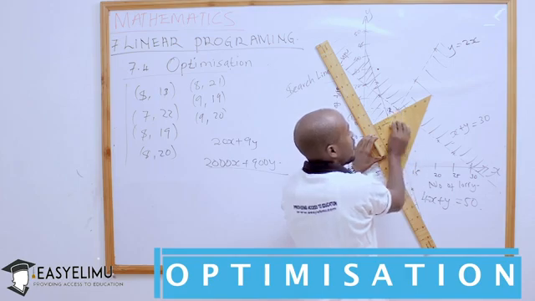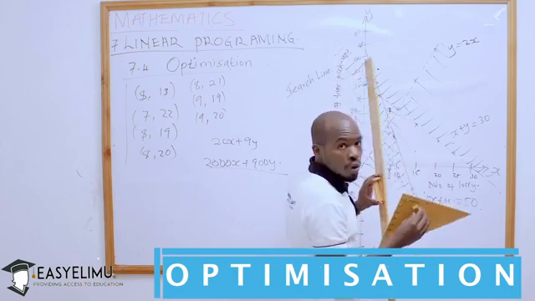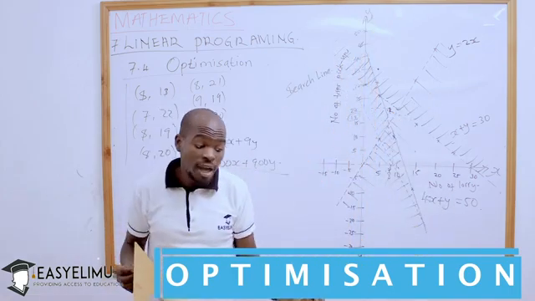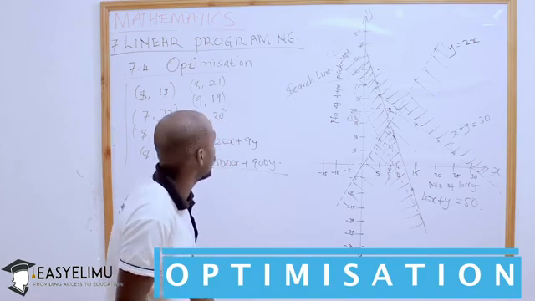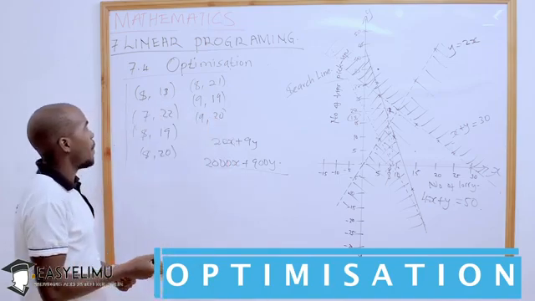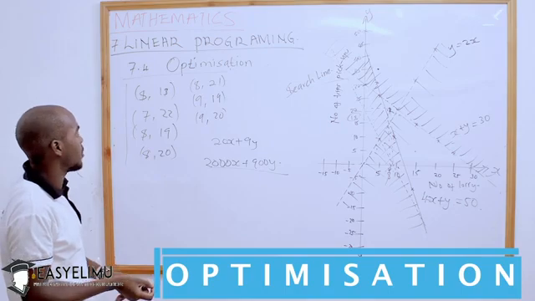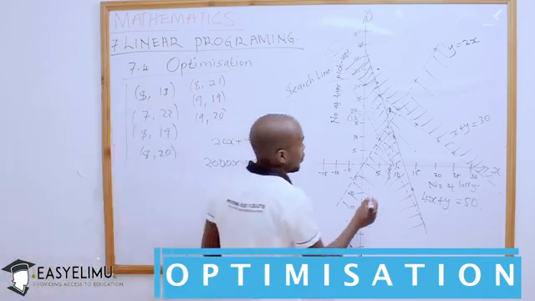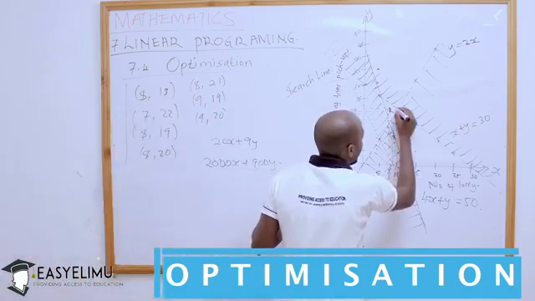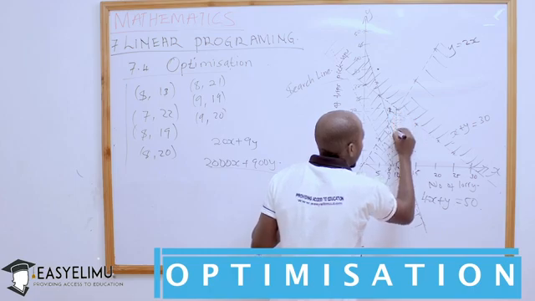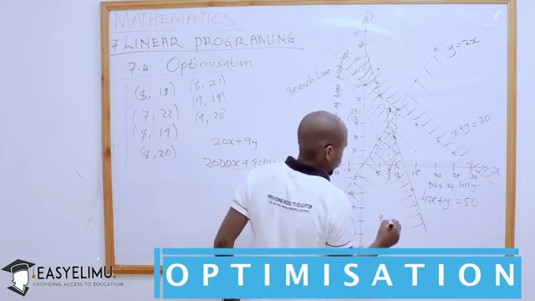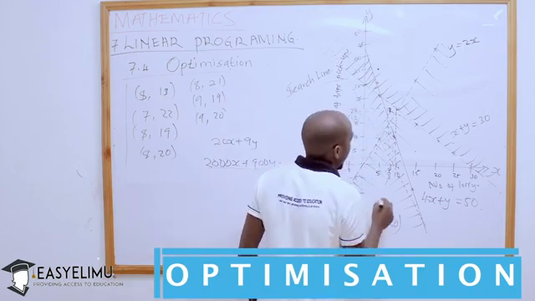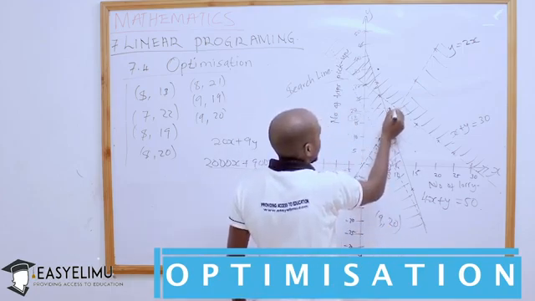If you identify the coordinates of that point, you will find it is giving you the maximum amount you can ever have. And that point will give you 9 and 20.